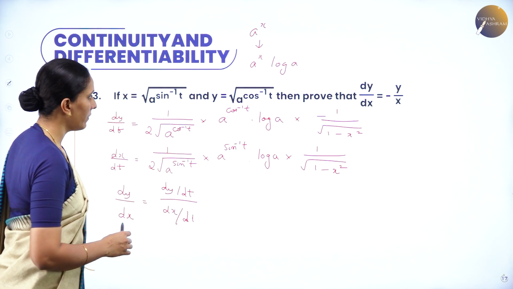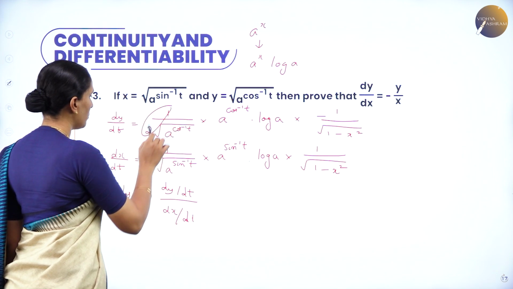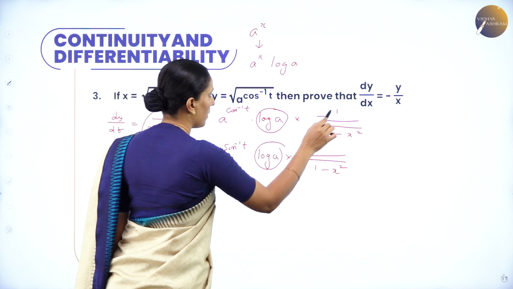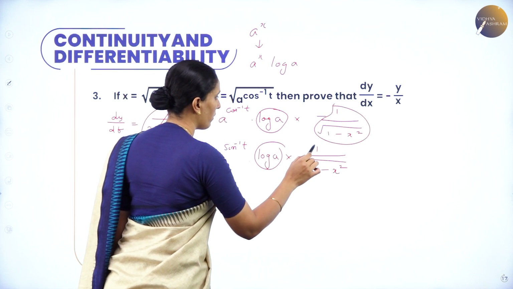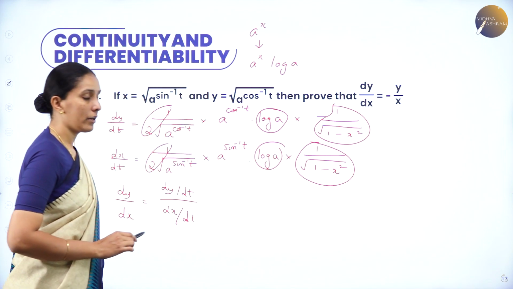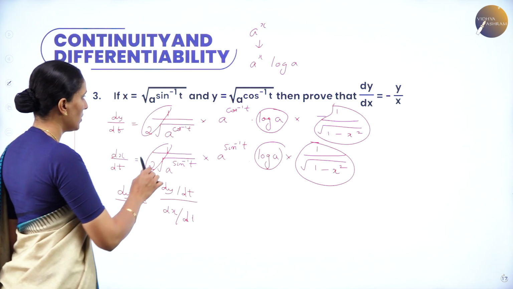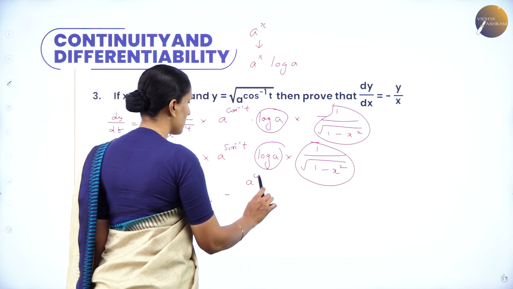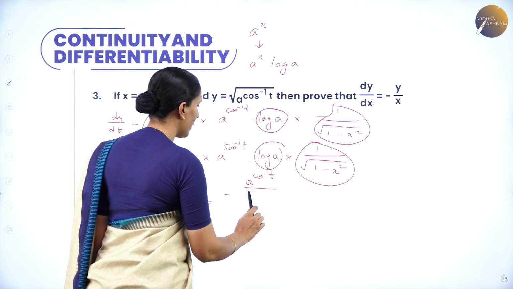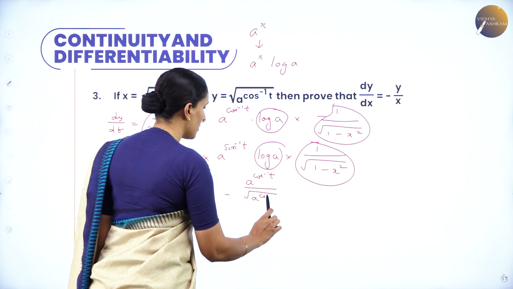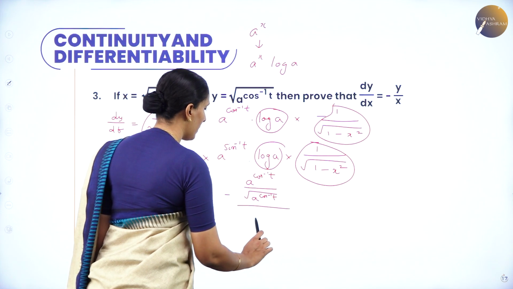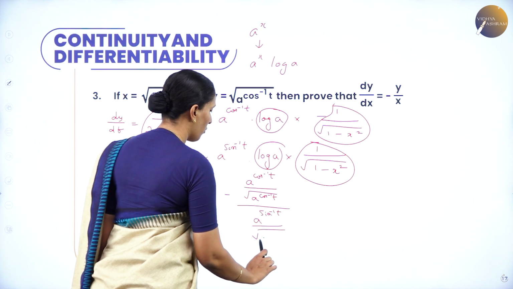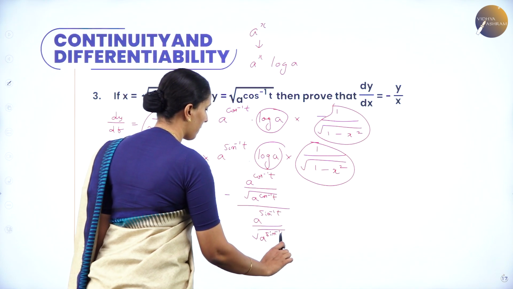So if we divide them, we can clearly see 1 by 2, 1 by 2 and log a, minus 1 divided by root of 1 minus x square, root of 1 divided by root of 1 minus x square cancels. So we are only left with here minus a cos inverse t divided by root a cos inverse t whole divided by a sin inverse t divided by root of a sin inverse t.